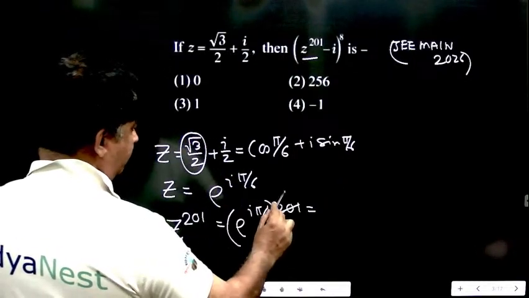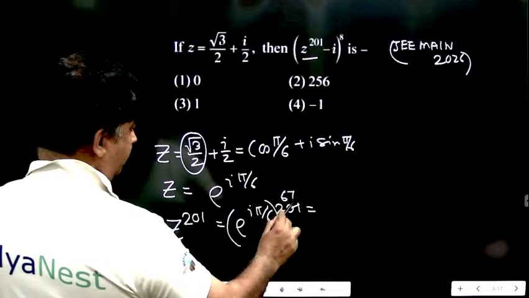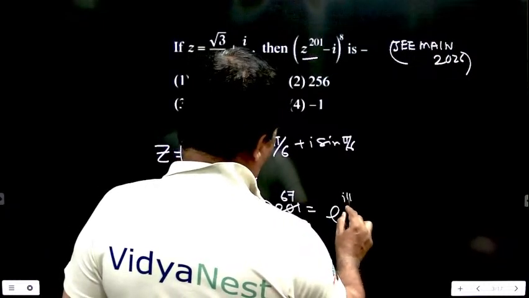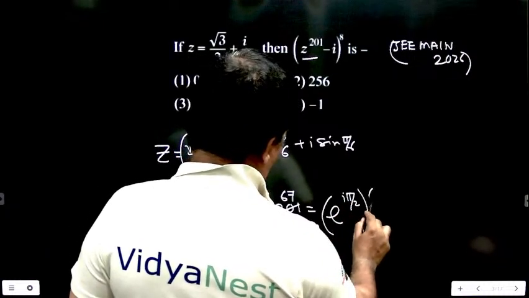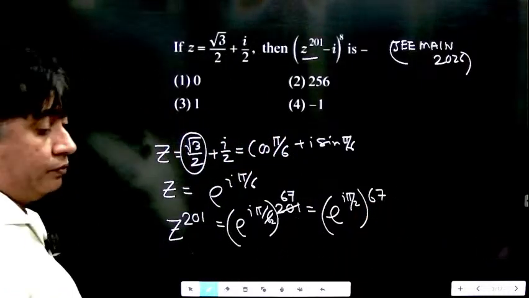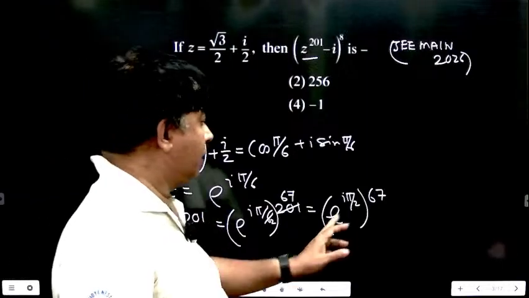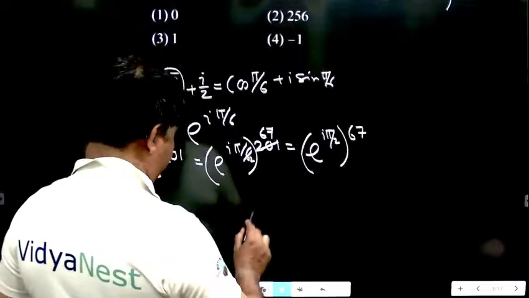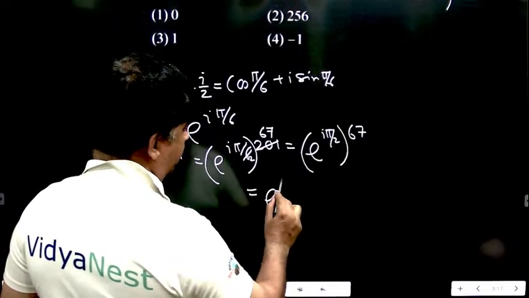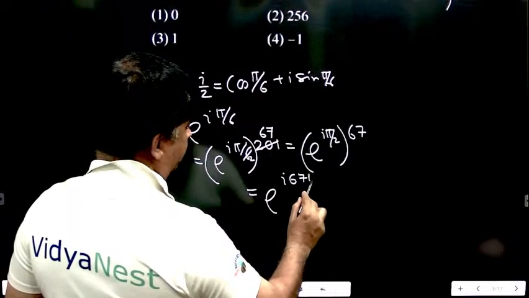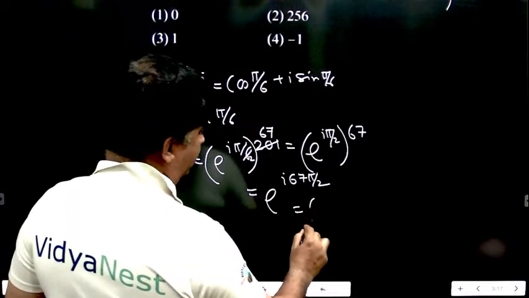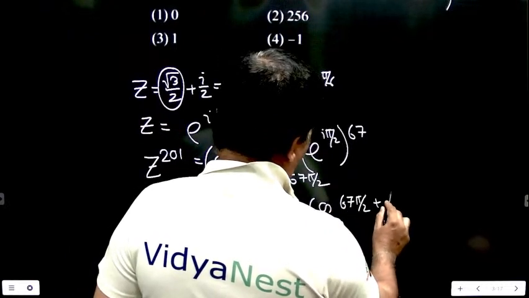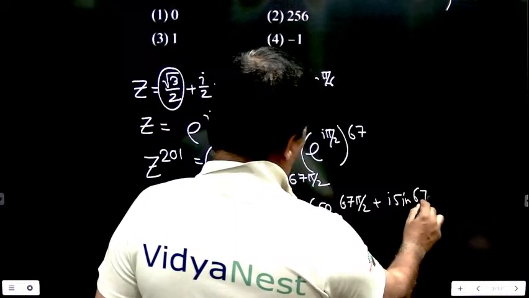See, so we have got e to the power this thing. Now using these, I will get cos 67 pi by 2 plus i sin 67 pi by 2.